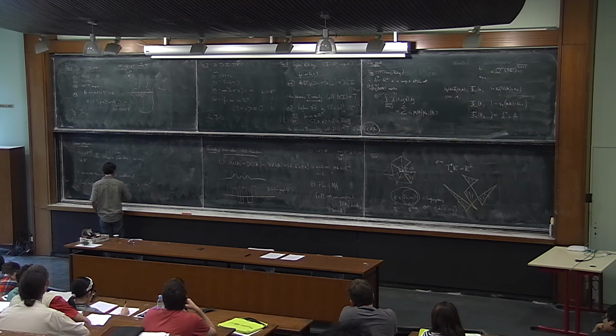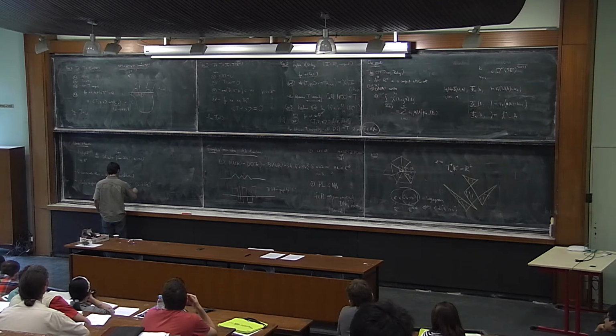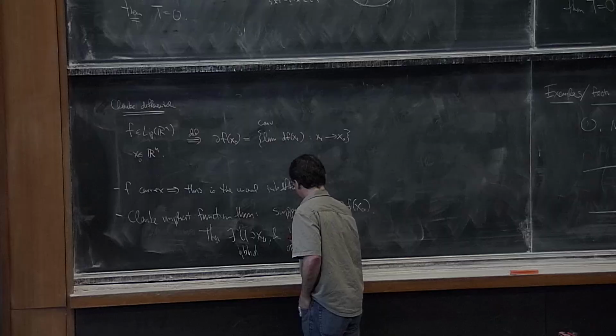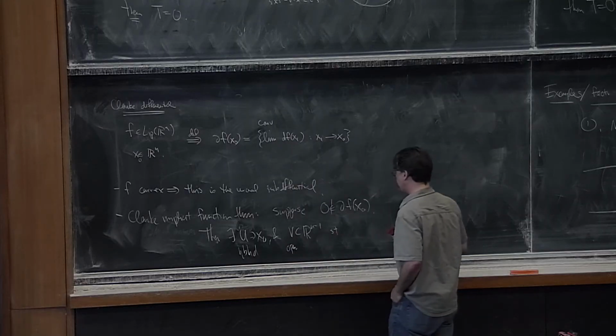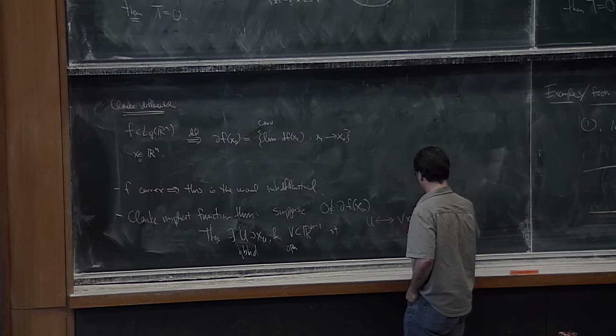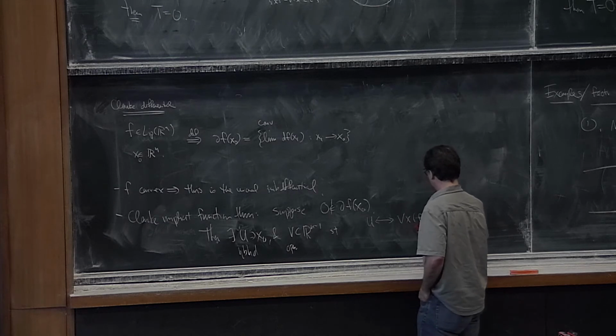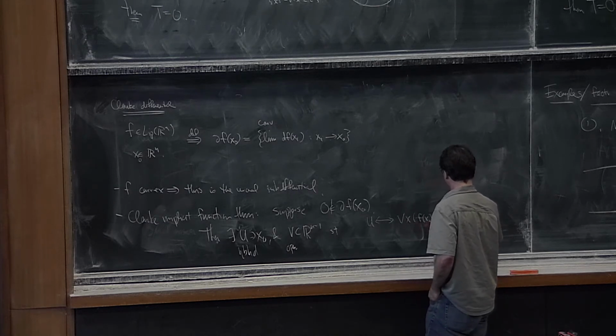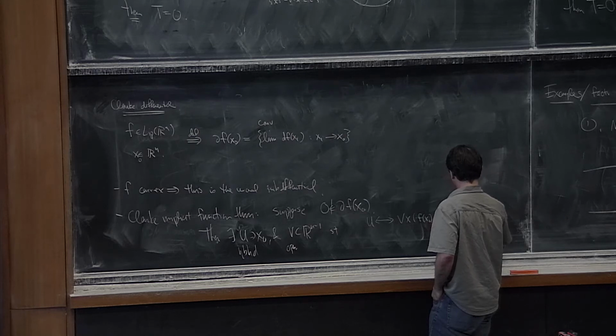and an open subset, say V, inside R^(n-1), so that U is bi-Lipschitz equivalent to V cross some little interval, say (f(x0) minus epsilon, f(x0) plus epsilon).